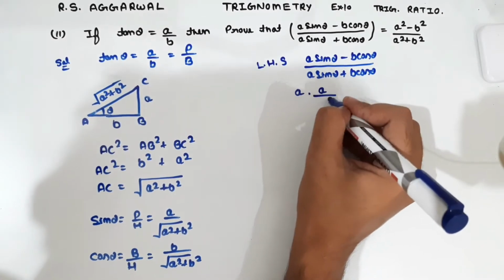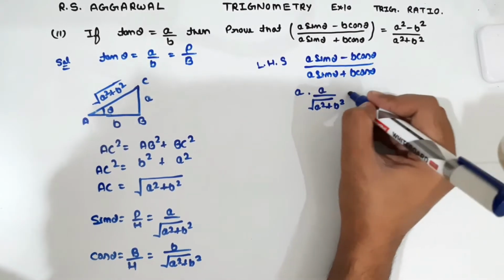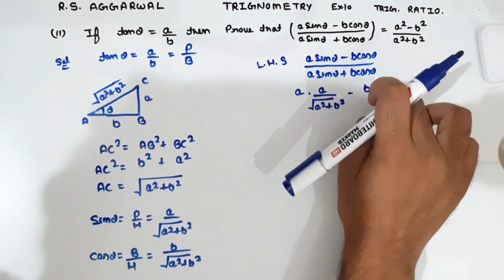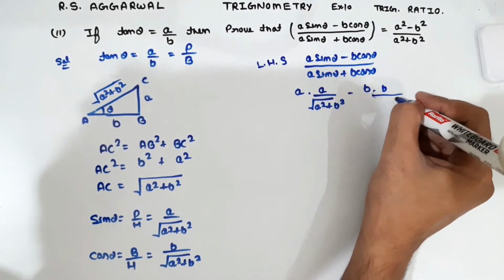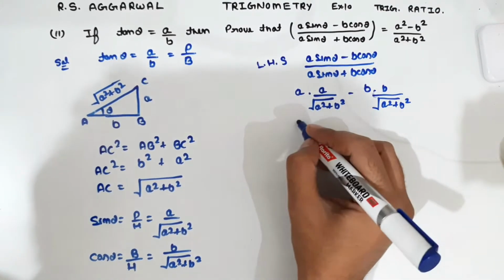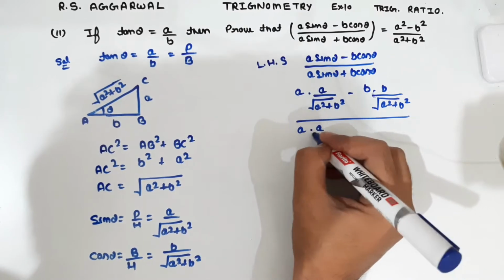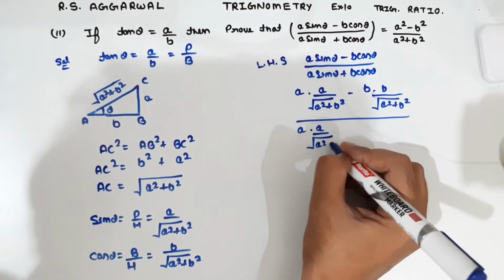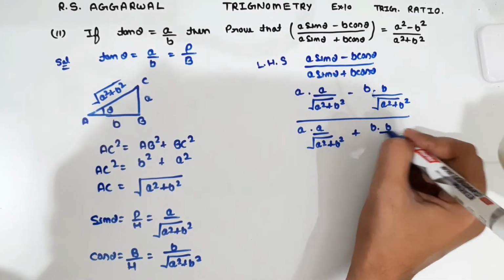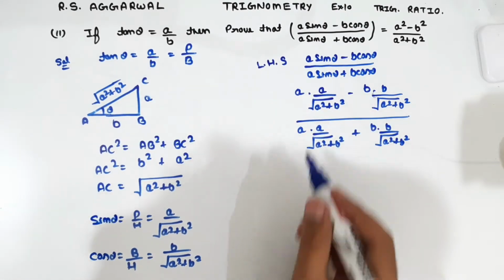A upon under root A square plus B square, minus B cos theta is what? B upon under root A square plus B square, upon A into A upon under root A square plus B square plus B into B upon under root A square plus B square.